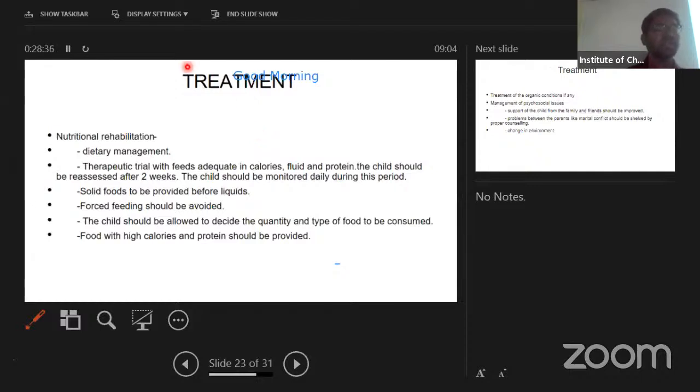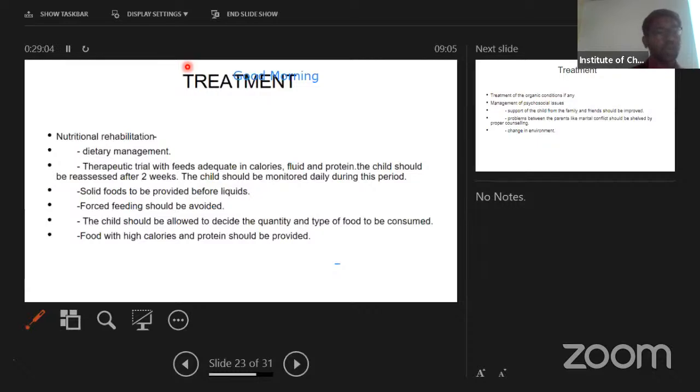In the treatment part, nutritional rehabilitation is the mainstay of treatment for the 80% non-organic causes. Dietary management, therapeutic trials for the patient, adequate calories, fluid and protein. We have to give adequate food and protein to the child.